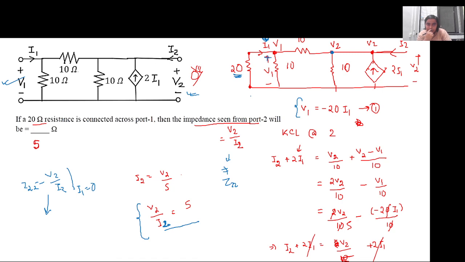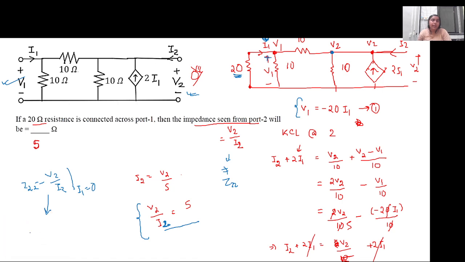And suppose these are given in mho. Should we convert them into ohms? Then things will become easy, because there is one question in the assignment, like question number 10.